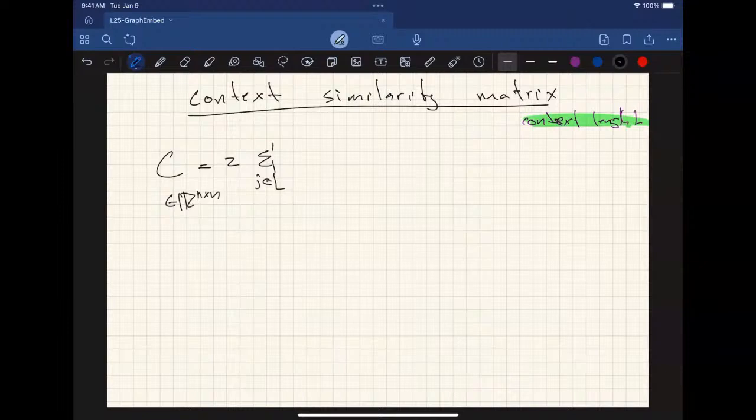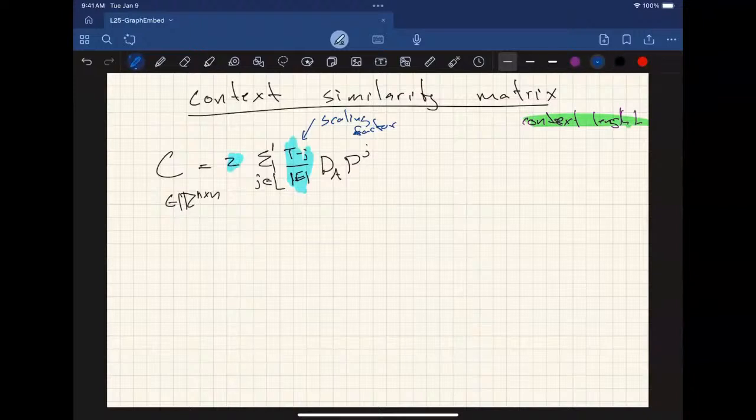Okay, and there's some degree normalization, and I want to look at the probability transition matrix to the power J. And I somehow want to scale this. I end up needing to scale this by T, divided by the number of T. So there's some scaling factor, not that important.